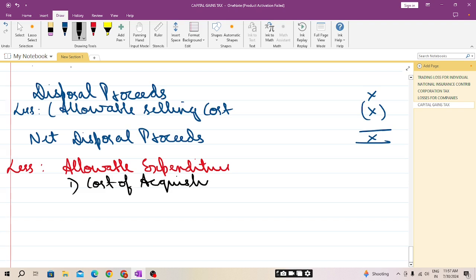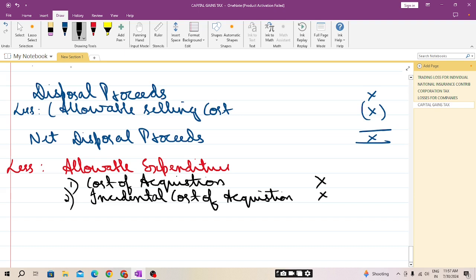Then the incidental cost of acquisition, the cost which we have incurred in order to acquire the asset. Then the third one was the additional capital improvements or additional capital expenditure.